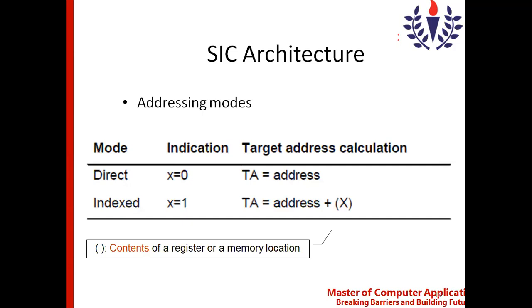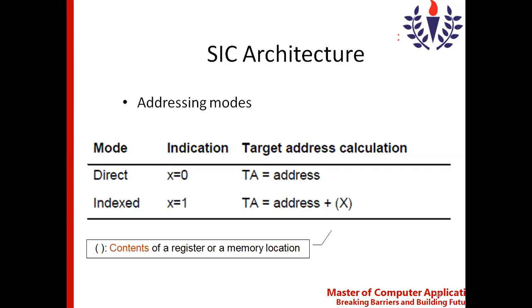If X is 0, then the target address calculation is done as per this formula. TA is called the target address. What do we mean by target address? It is the address of the target, which we represent as the symbol we use in the instruction.